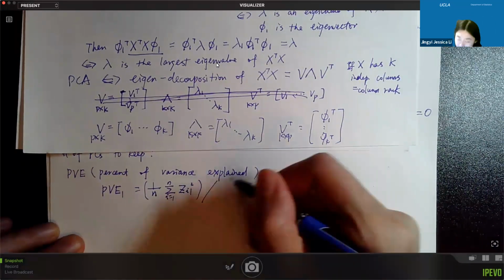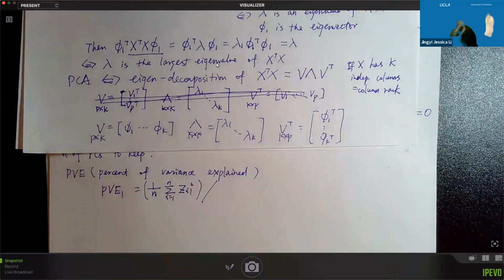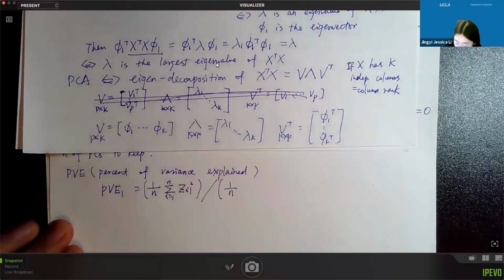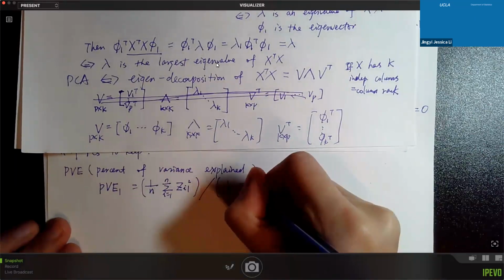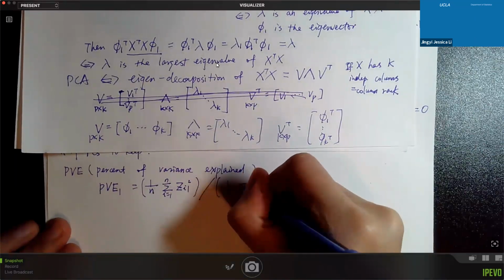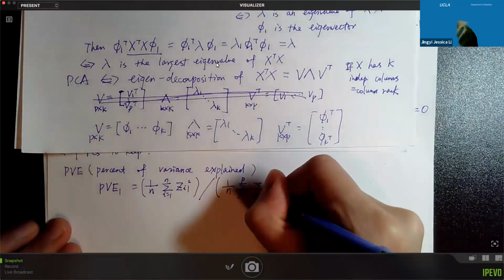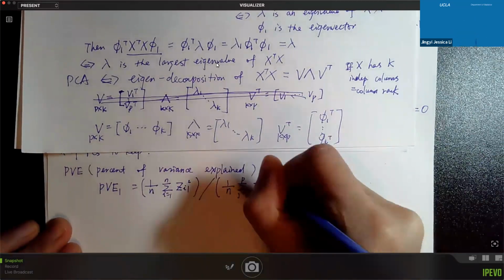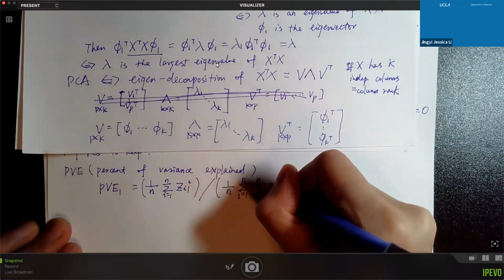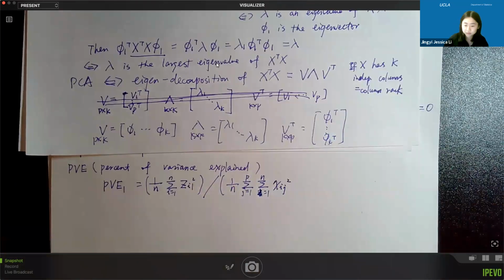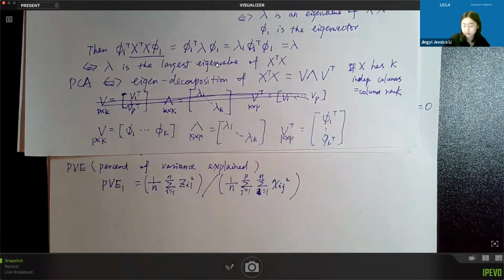Over there, I am going to have 1 over n still, summation j from 1 to p and i from 1 to n of x_ij squared. That's the variance in my original data, right?